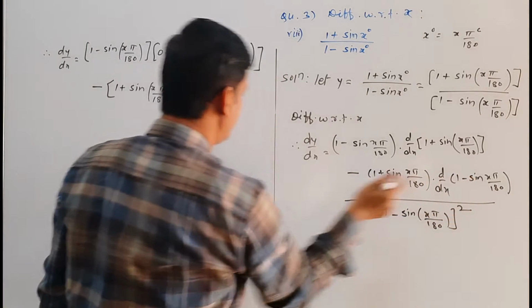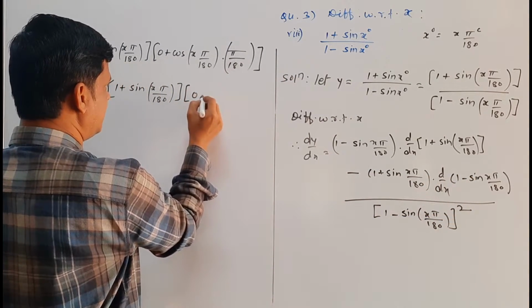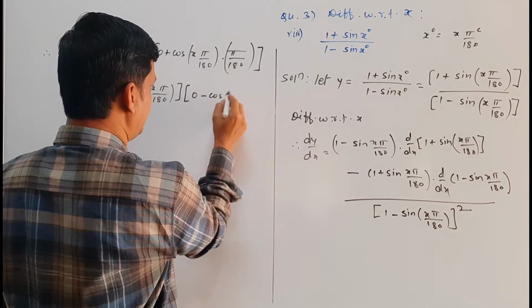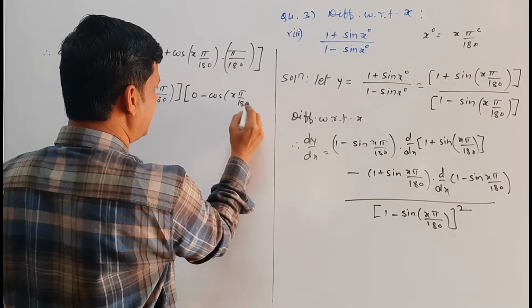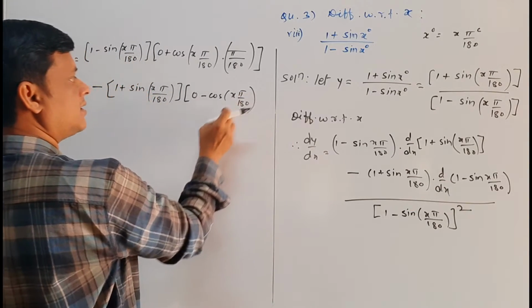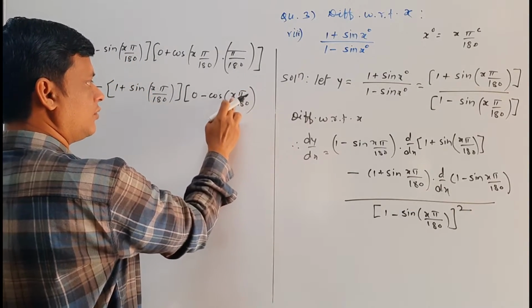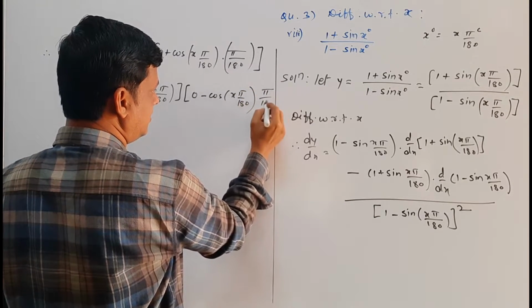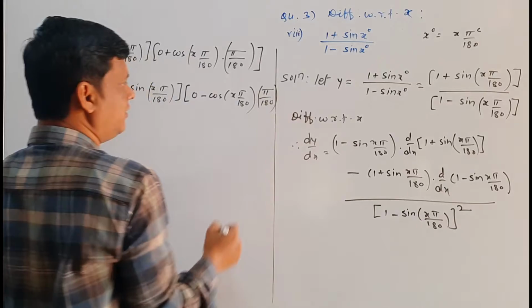Then derivative of 1 is 0, so we write 0 minus derivative of sine is cos, so we write cos of x pi upon 180. Then derivative of x is 1, pi upon 180 as it is, so we write pi upon 180.